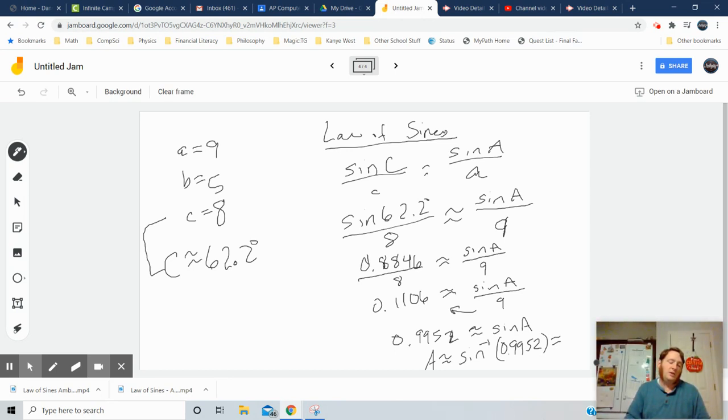And you should, to the nearest tenth of a degree, get 84.4. So now we know that angle A is 84.4. So angle B, what would we have to put with those two angles to get to 180? 180, subtract 84.4 and 62.2 is 33.4.